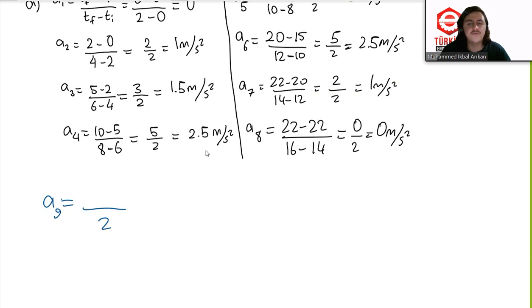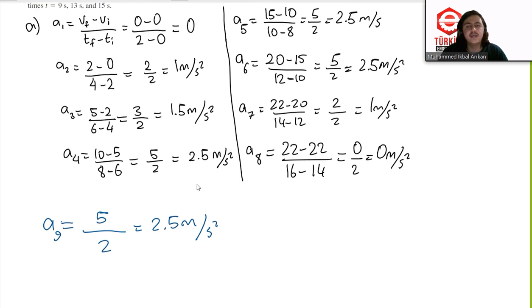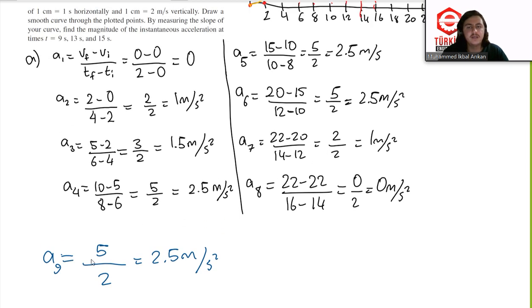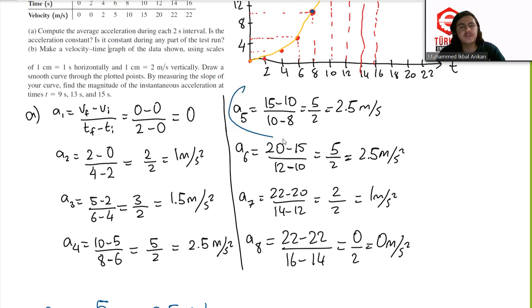It's just 5. So approximately it will be the same as this one. Acceleration when time equals 9 will be the same as this one, but it is going up.